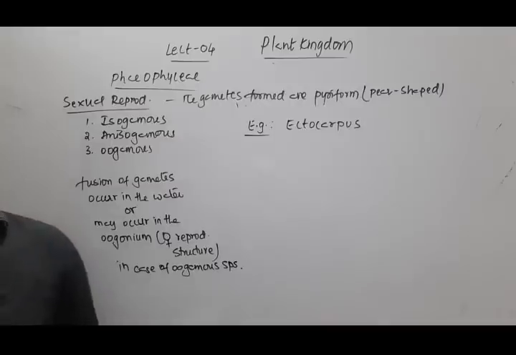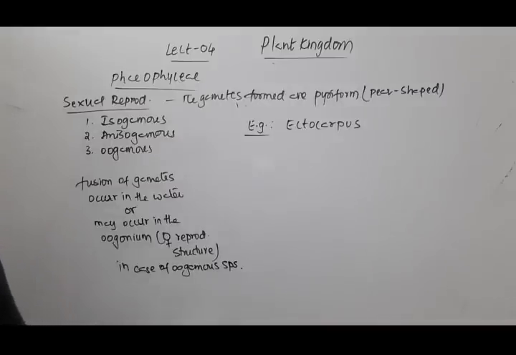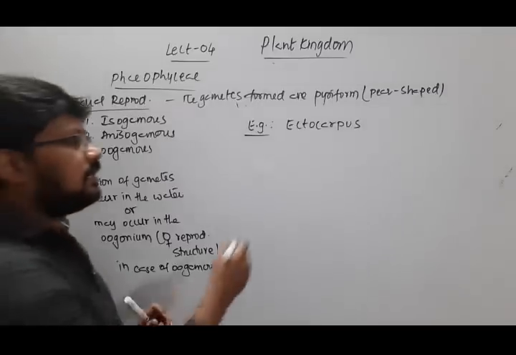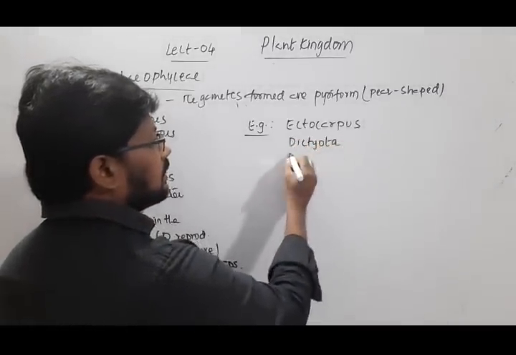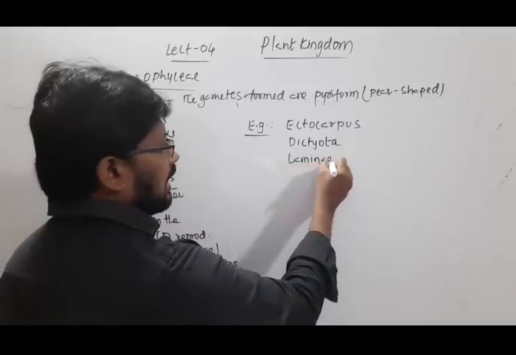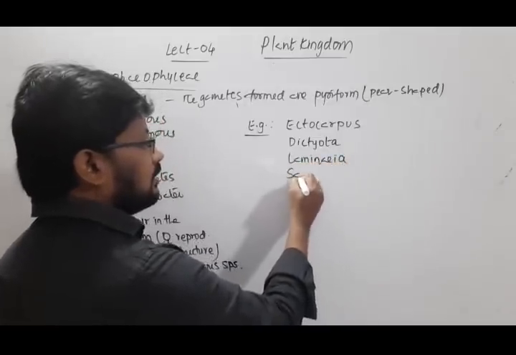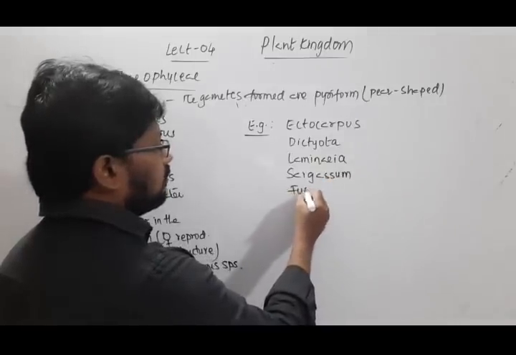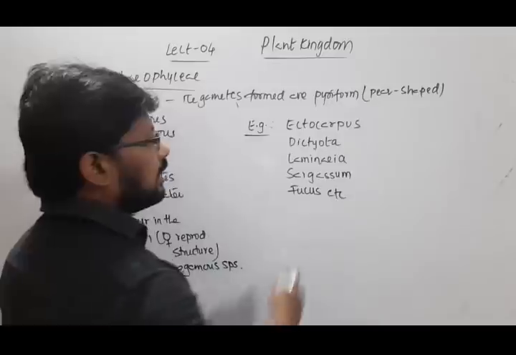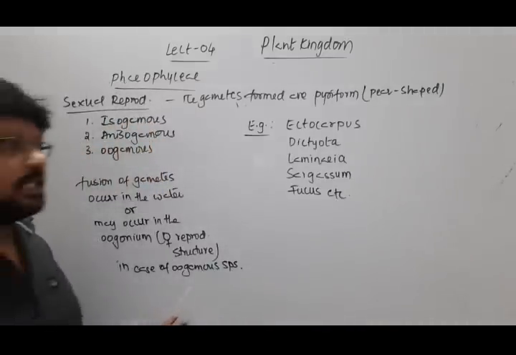It is a simple branched filamentous form. Then we have other examples like Dictyota, Laminaria, Sargassum, Fucus, etc.